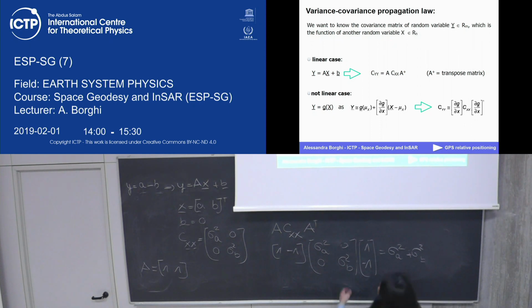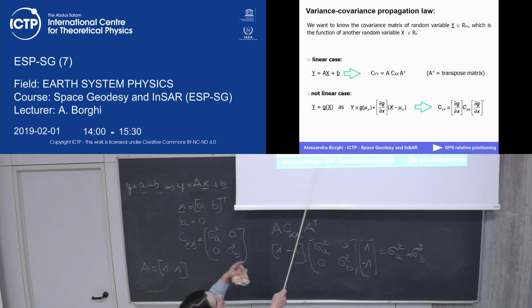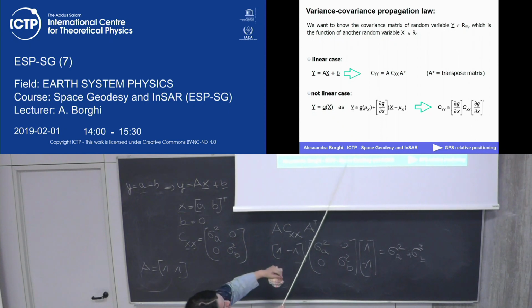Now an important case is the nonlinear case. In this case, it's as if you linearize the relationship, so you have a general function between y and x.